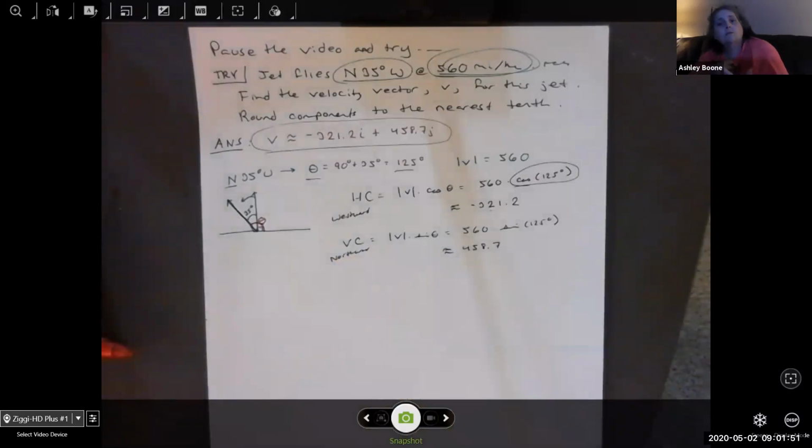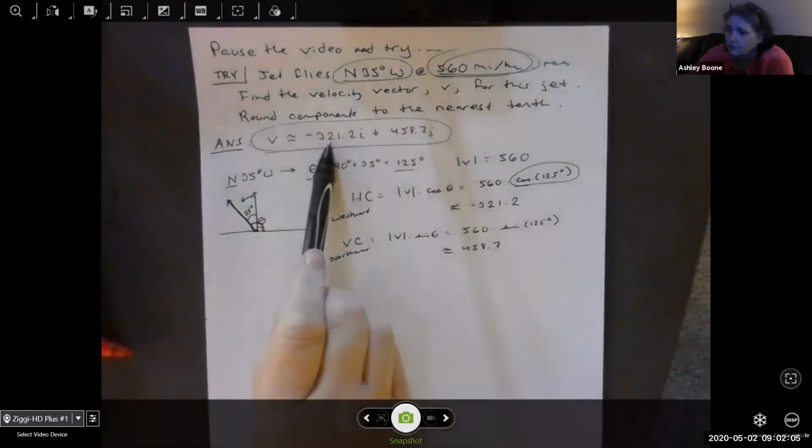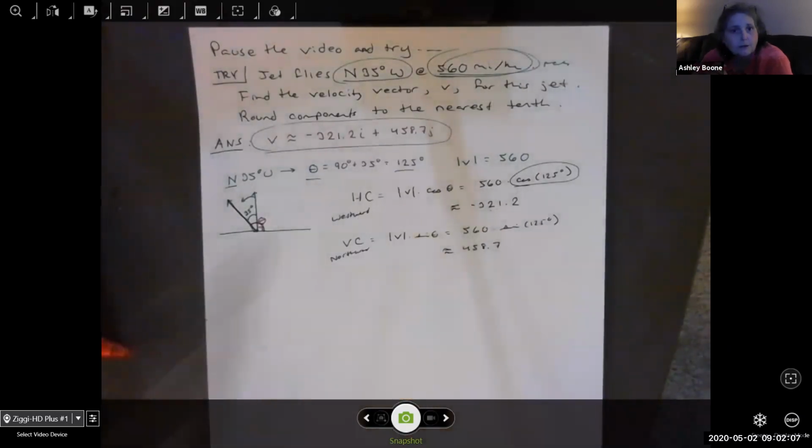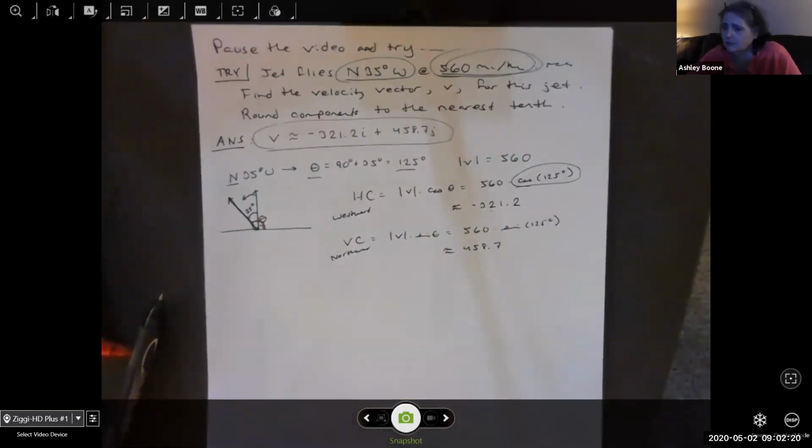We have a northern component of 458.7 miles. We have a westward component of negative 321.2 miles. That just means going west 321.2 miles. And so that's our vector. Horizontal component i plus vertical component j. Okay. So east and north is positive, west and south is negative. All right. Let's look at the next one.